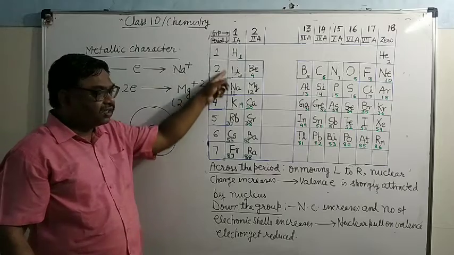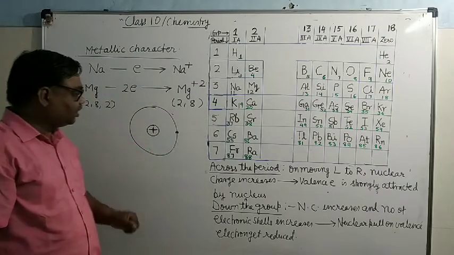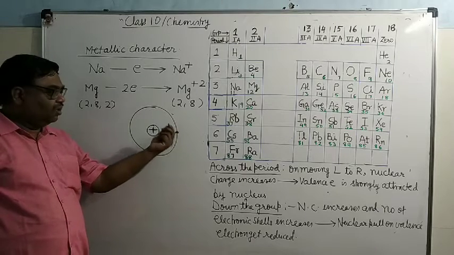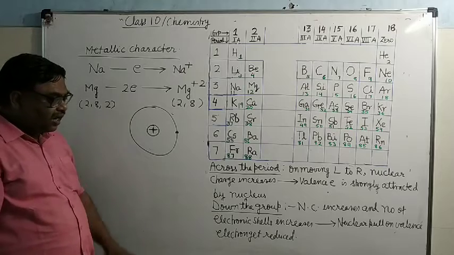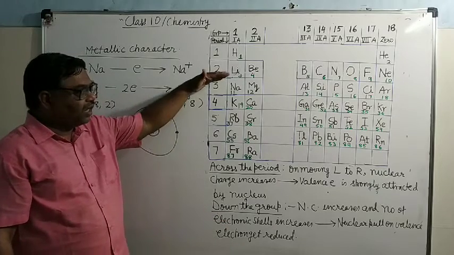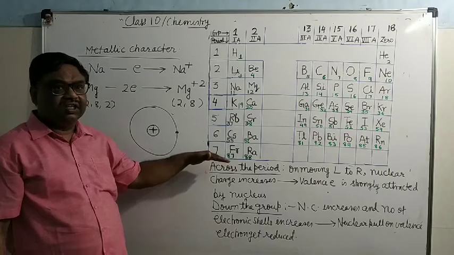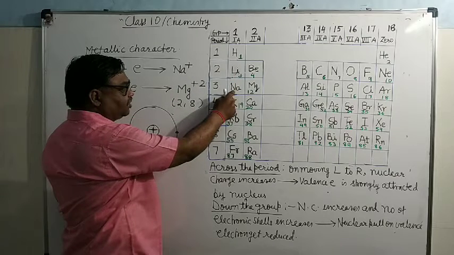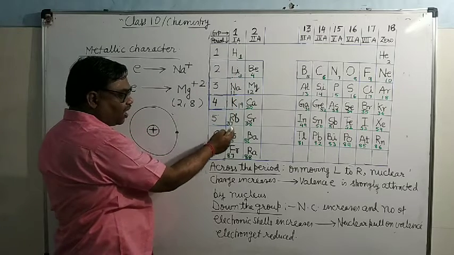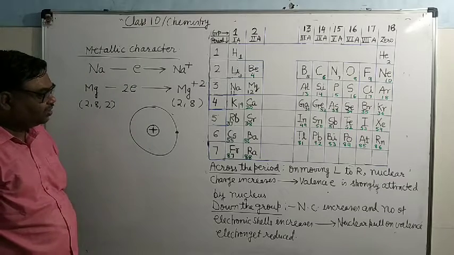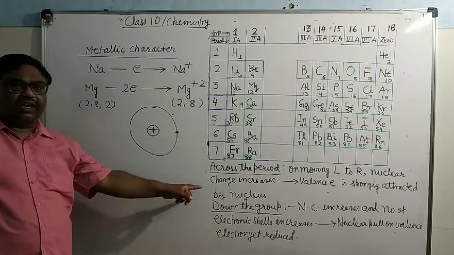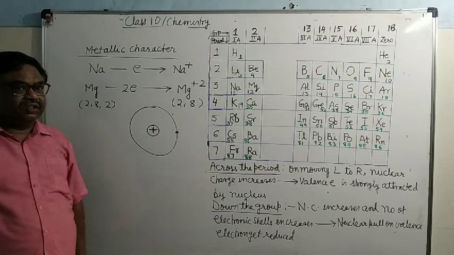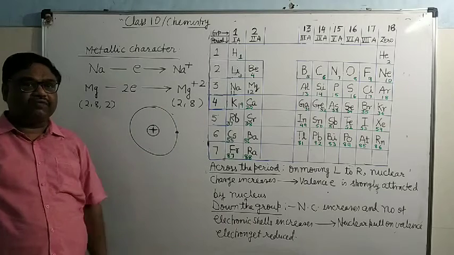It's clear. Similarly, when we move down the group, what will happen? The nuclear charge increases, therefore it exerts a greater pull on the valence electron. At the same time, because of the addition of new electronic shells, here 1 electronic shell, here 2, here 3, 4, 5, and here 6 electronic shells around the nucleus, the valence electron will go far from the nucleus.